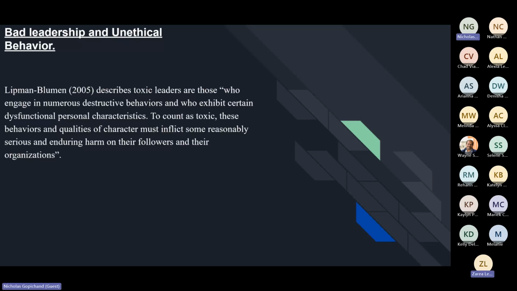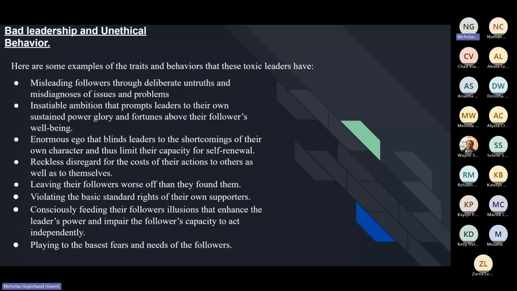Okay, now let's get into what it is. Here are some examples of the traits and behaviors that these toxic leaders have. Leaving their followers worse off than they would have found them is one. We have consciously feeding their followers illusions that enhance the leader's power and impair the followers' capacity to act independently.